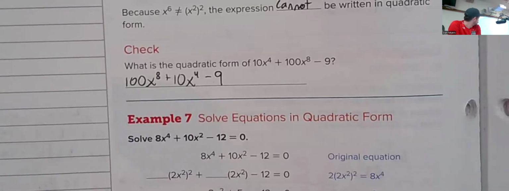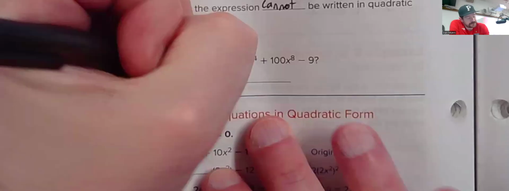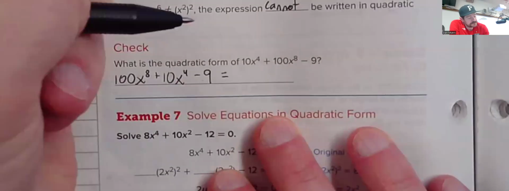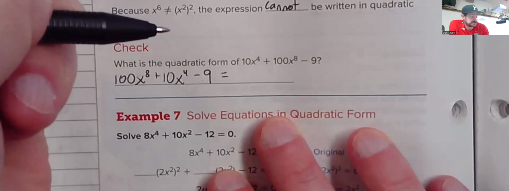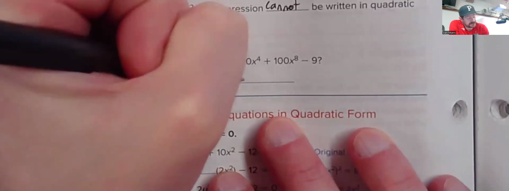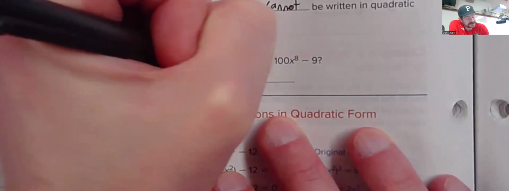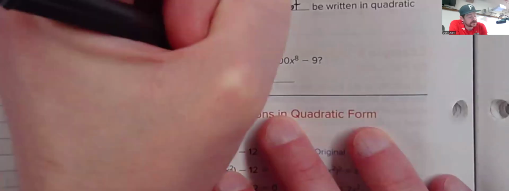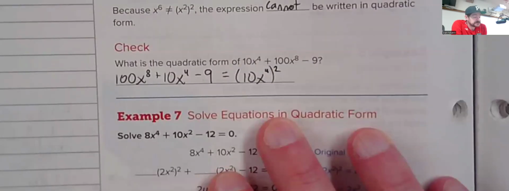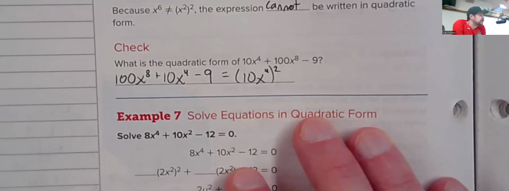So we could probably write this as, it seems like we could just say 10x to the 4th squared, right?